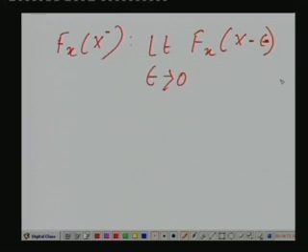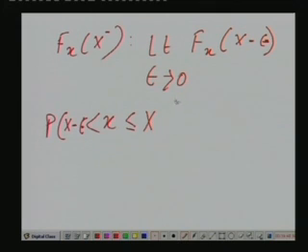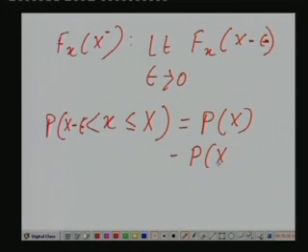Okay. Now see one interesting thing, that using the just previous theorem, we can always write this thing, that P of this is equal to, okay.